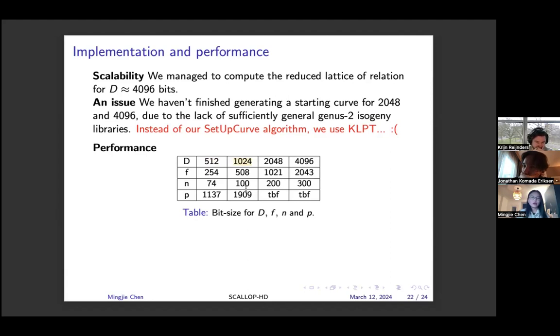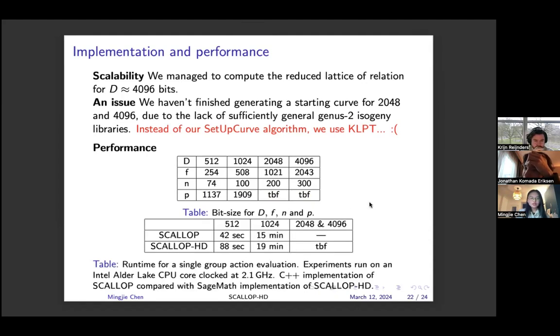So we experimented with several of them. I'm just listing a few examples here. And the field characteristic P is quite large. The other two are to be filled in because, as I said, we don't have a starting curve yet, so I'm not putting the P's corresponding to those curves here yet.